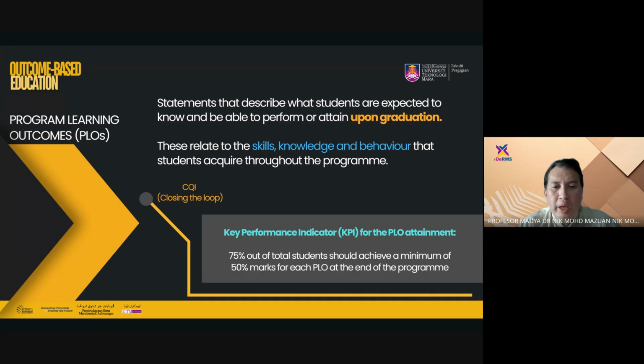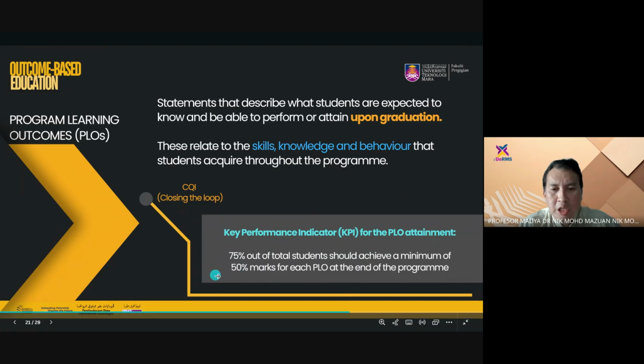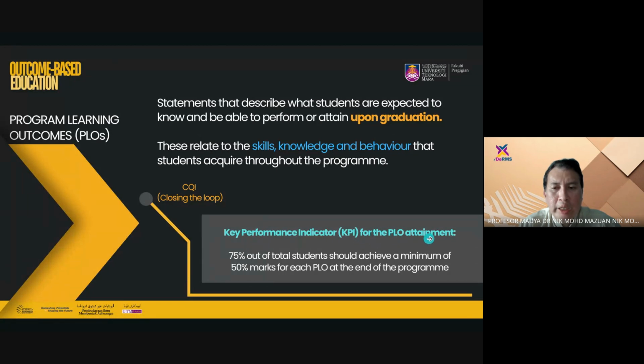So we have a KPI to measure that. The percentage here is just an example, not for our faculty. Perhaps Dr. Siti Mariam can answer this, but this is the KPI for the PLO attainment. For those who have heard about PLO attainment but don't really know what it is, we will discuss this in number 4.